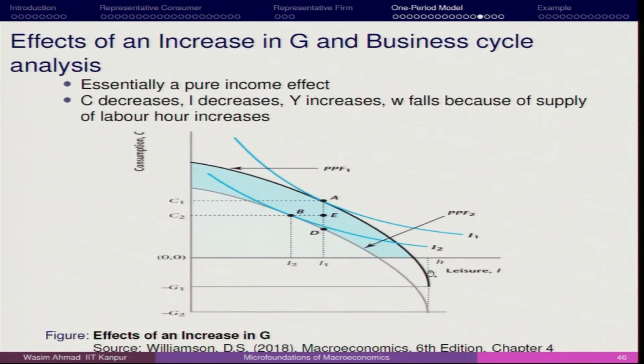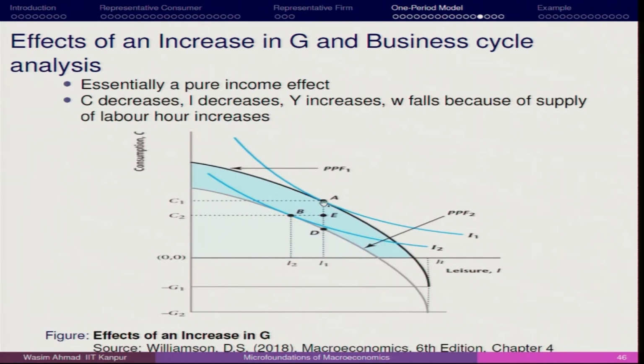Suppose this is the original case, which has point A as the equilibrium point, but because of the government expenditure increase, since the tax has also increased, now you have the inward shift of the budget line. So, here we have the production possibility frontier, which was earlier PPF1, but now it is the inward PPF2.